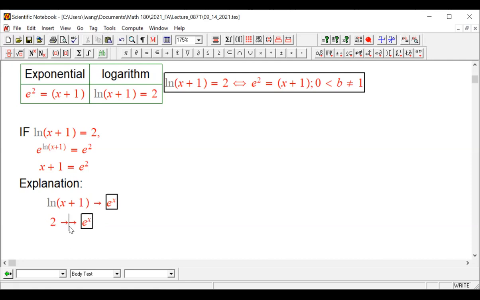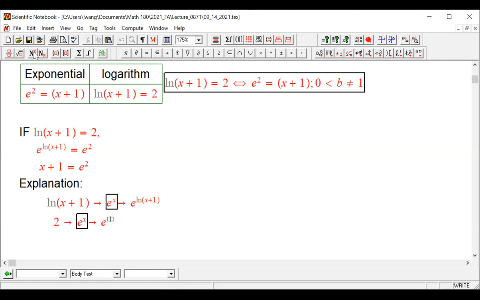So what it's saying is that if these two inputs are the same, and after they go through these two functions they're still the same, the output is the same.